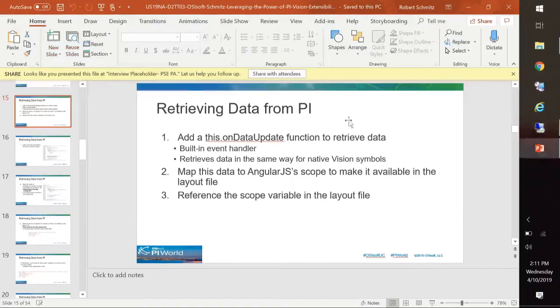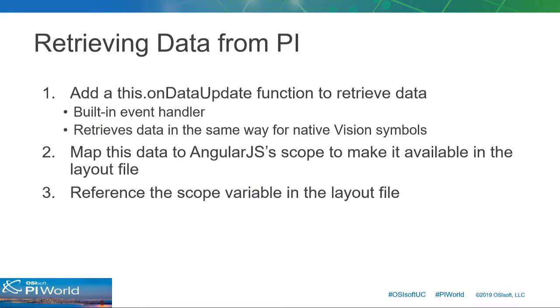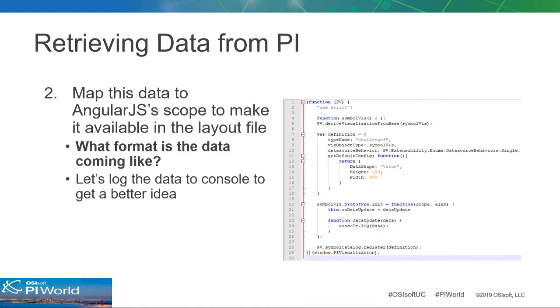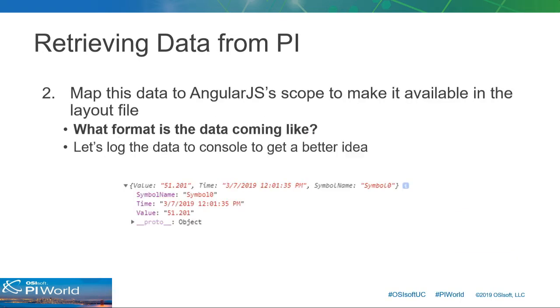All right. And again, just to recap, what we did is we added an onDataUpdate function, which is PI Vision's native event handler for symbols. We logged it to console just to get a better idea of what that format is, how it's coming in.